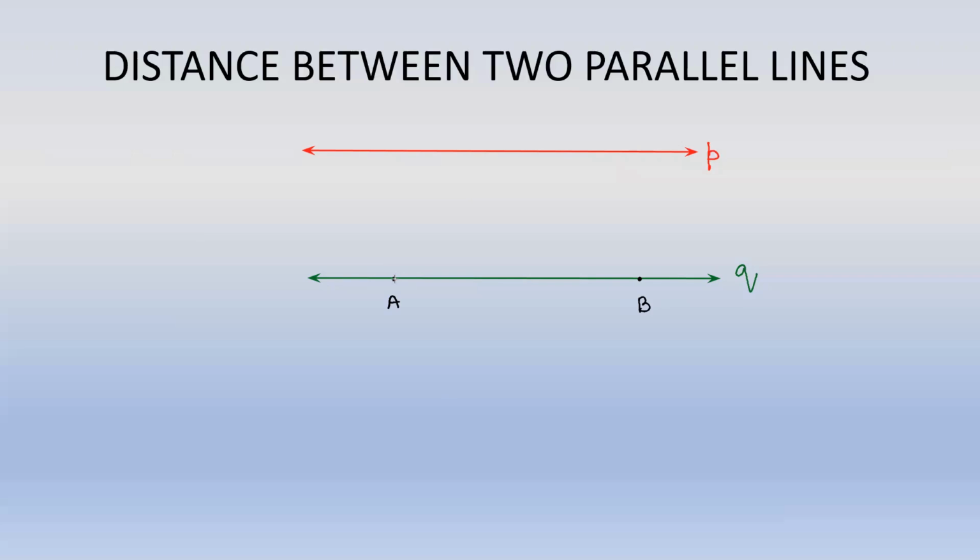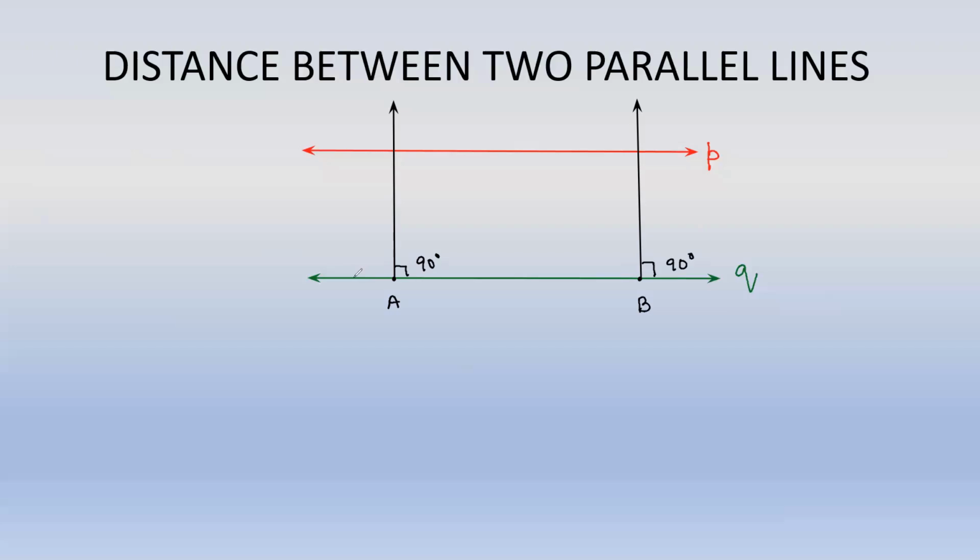Now, when we make perpendiculars, it is always straight. It is at a right angle. And how do we make a perpendicular? It's very simple, using a compass.